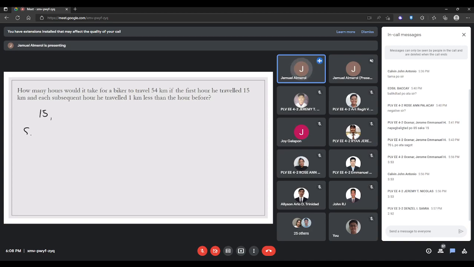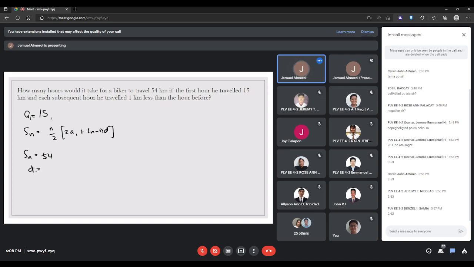S sub n is equal to n over 2 times 2a sub 1 plus n minus 1 times d. So this is our a sub 1. What is our S sub n? 54. What about d? Anong d natin?